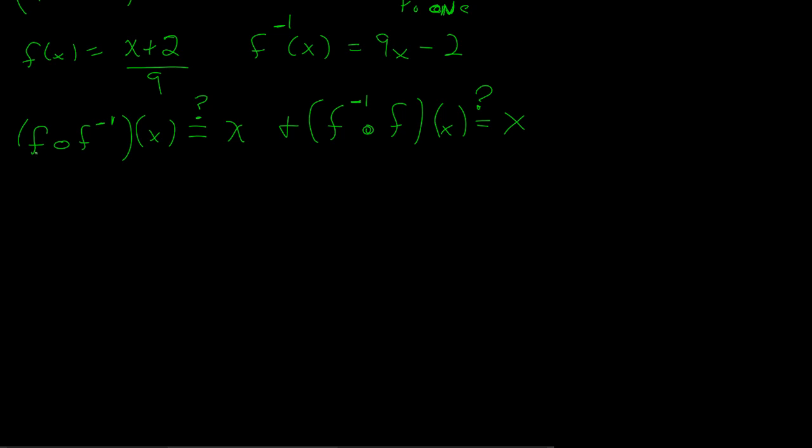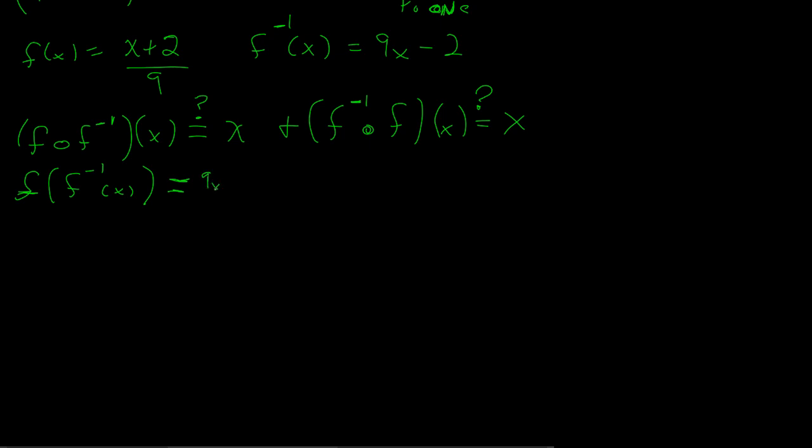So I'm going to compose f of its inverse. So I'm going to drop into the function f its inverse. So what that looks like is, here's f. Wherever I see x, I replace it with all of this.